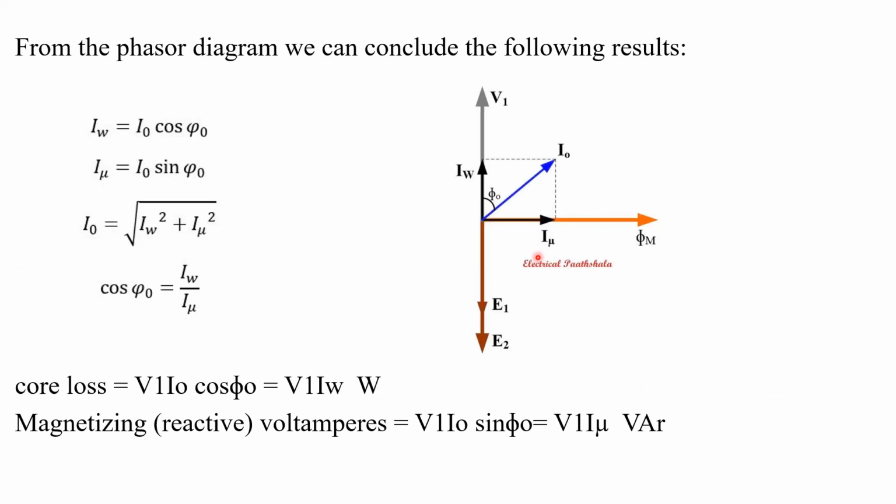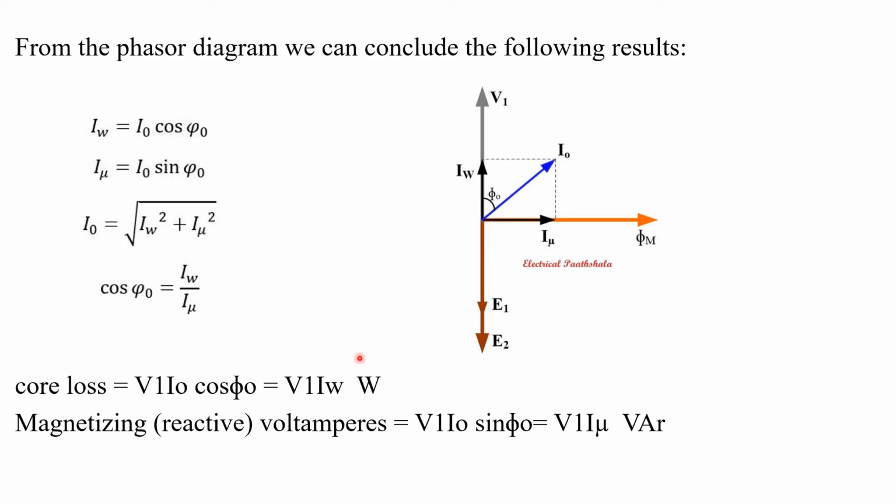From this phasor diagram, we can simply write IW equals I0 cos phi 0, and I mu equals I0 sin phi 0. I0 can be written as the root of IW square plus I mu square. The power factor is the ratio of IW to I0. These are the final results that we need to remember.